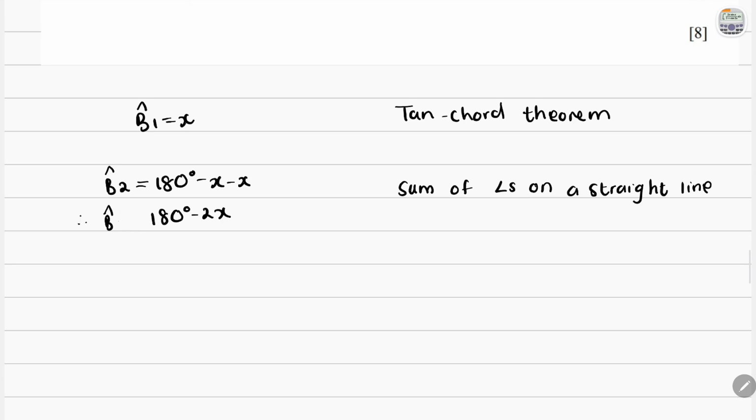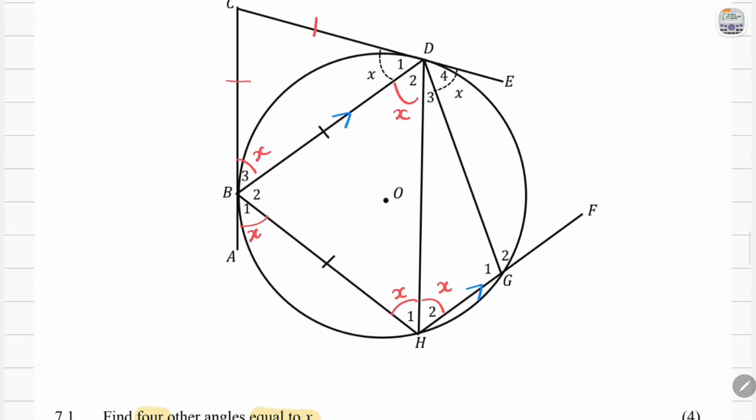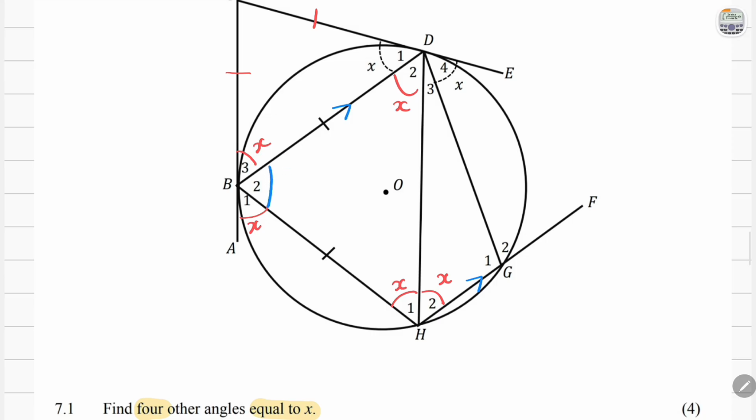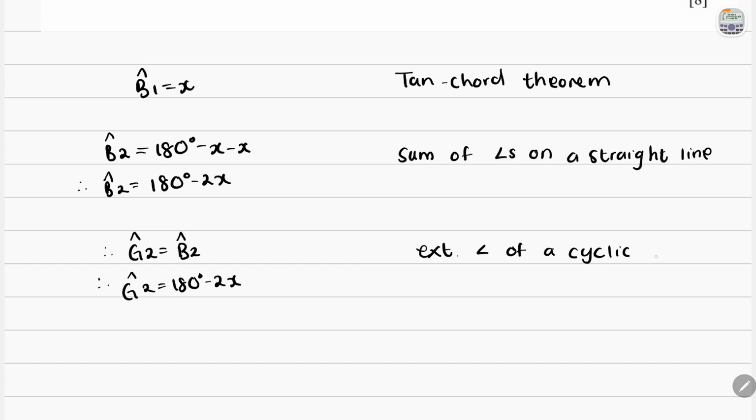And finally, to find angle G2, you see that angle G2 and angle B2 are equal because this is the exterior angle of the cyclic quadrilateral, so it's equal to the opposite interior angle. So finally, angle G2 is equal to angle B2. Therefore, it's equal to 180 degrees minus 2x because of the exterior angle of a cyclic quadrilateral. Okay, and there we go.